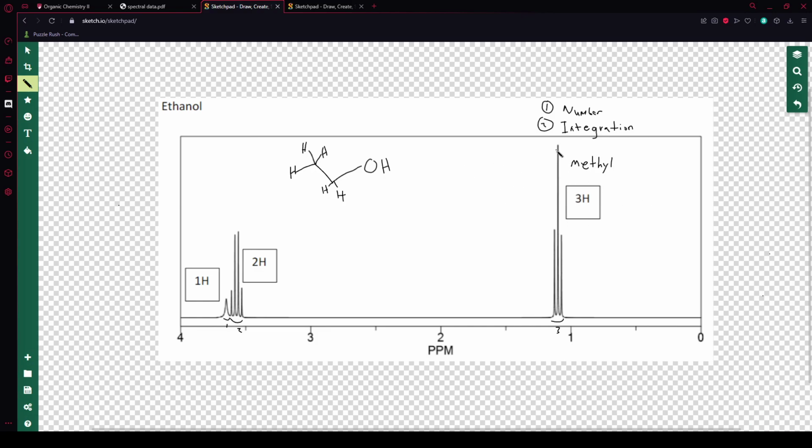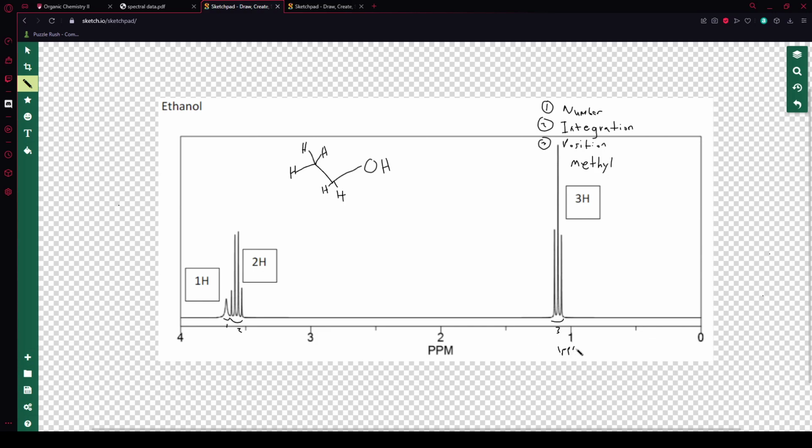And then the next thing we want to look for, the third thing, is going to be the position of the group of peaks on the graph. So we can see that this first group of peaks here is about 1 ppm.